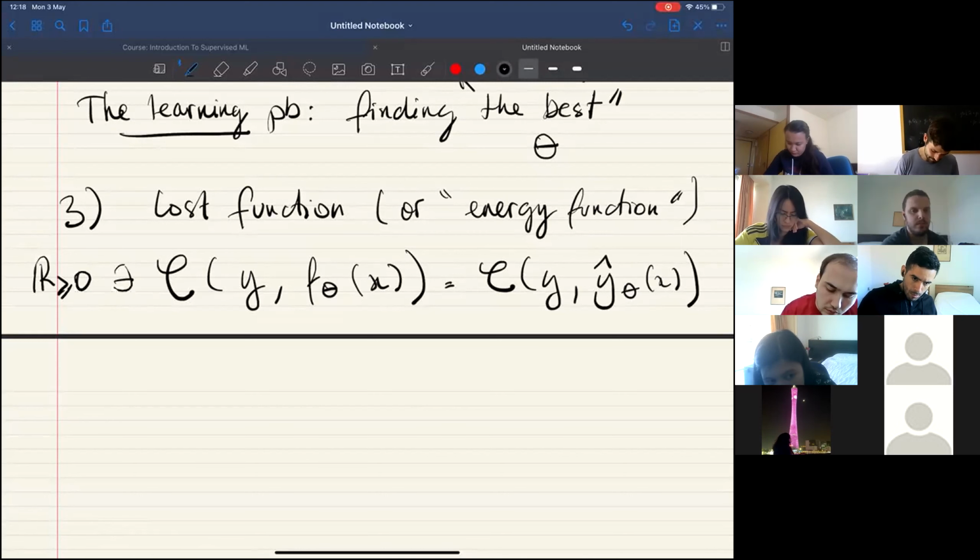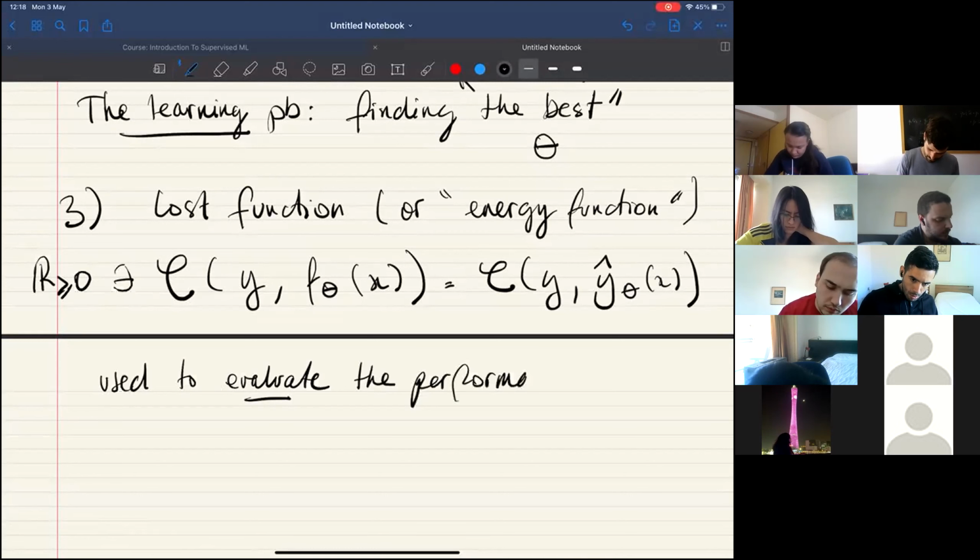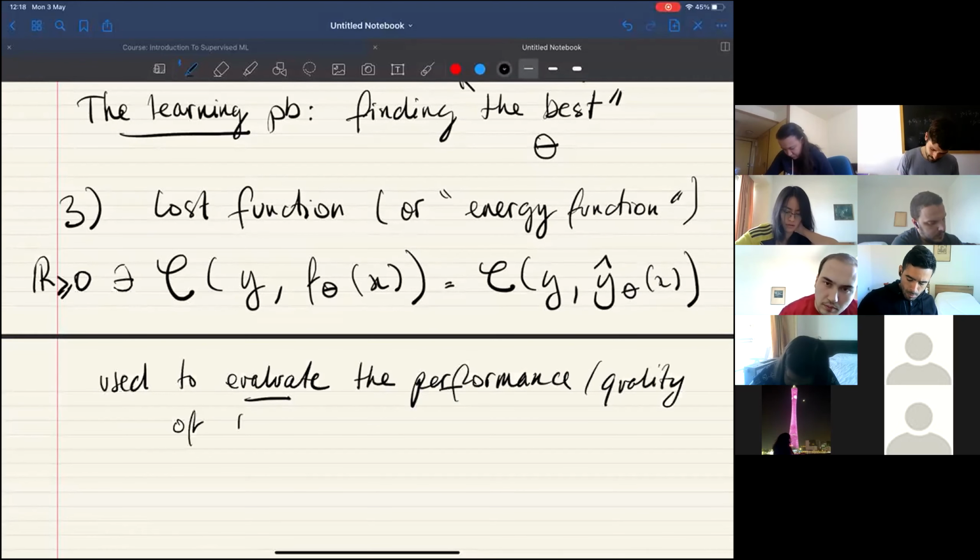And this cost will be used to evaluate the performance, or quality, of the model on a data set.